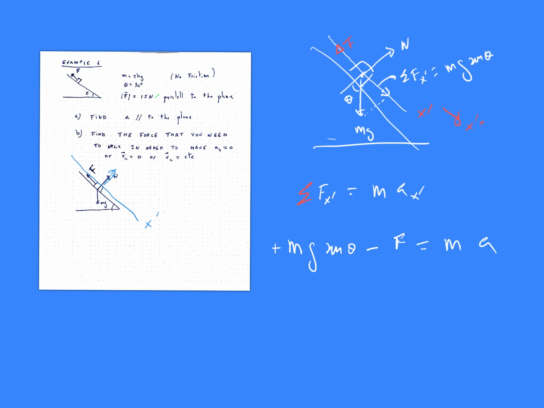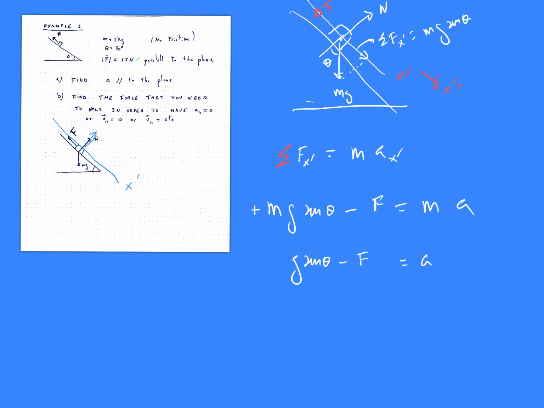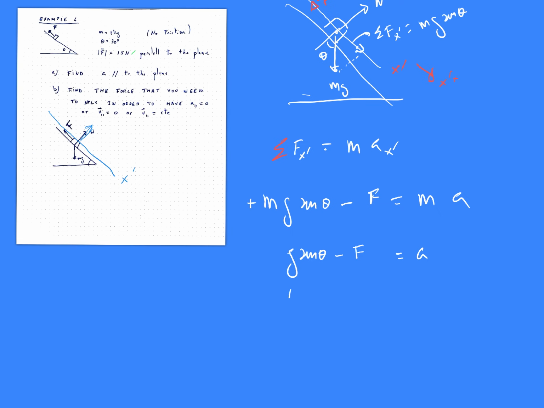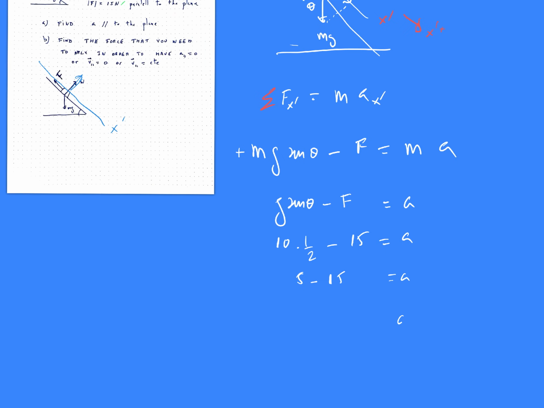So what is the acceleration parallel to the plane? I have to divide by m, so it will be g sine of theta minus F over m. Perfect. We can plug in numbers. g is 10, sine of theta is 1/2. The force is 15 newtons, so the acceleration a will be 5 minus 15, which is minus 10.